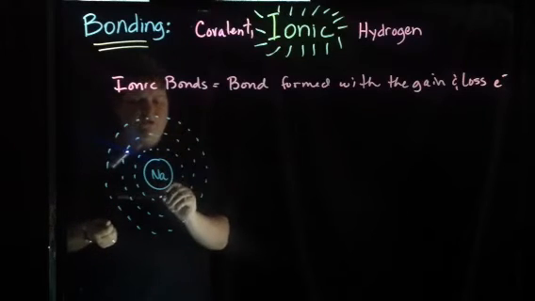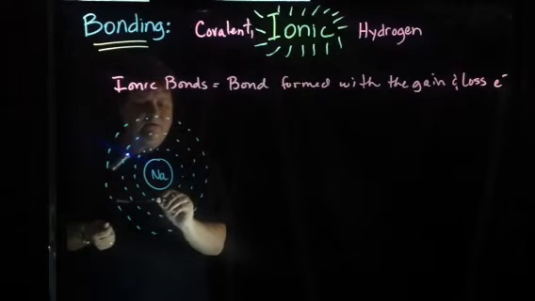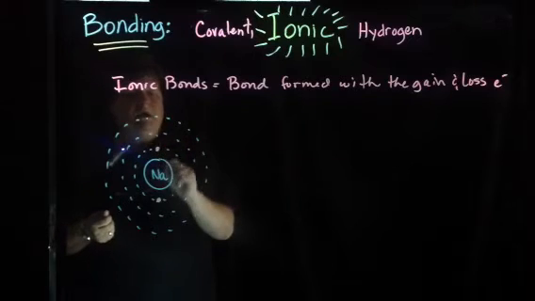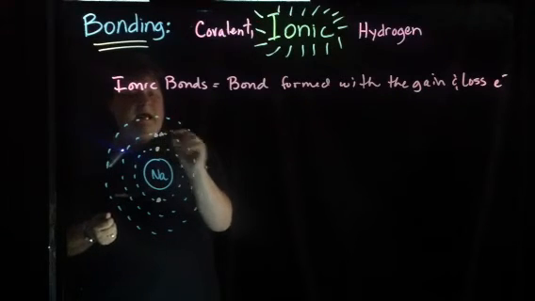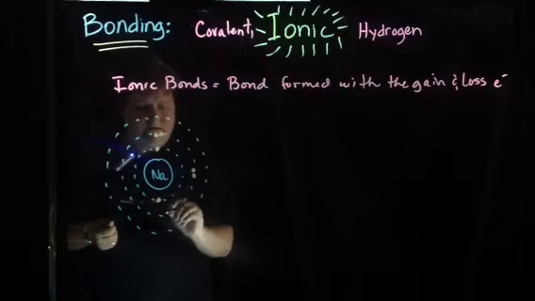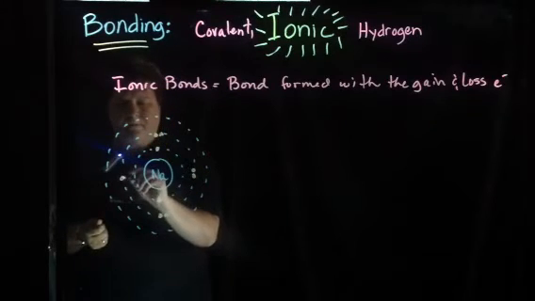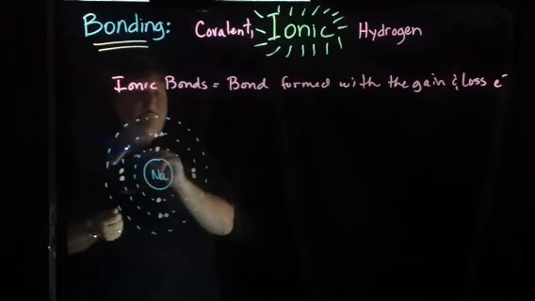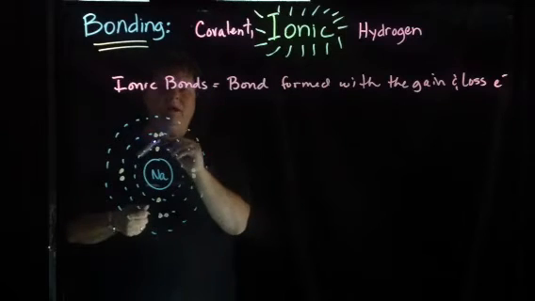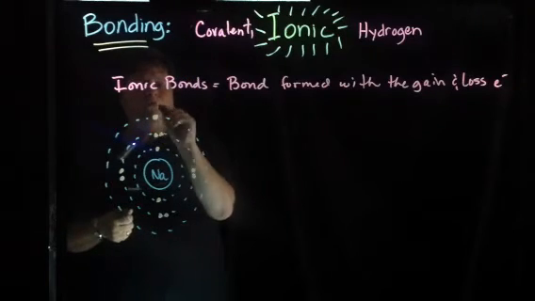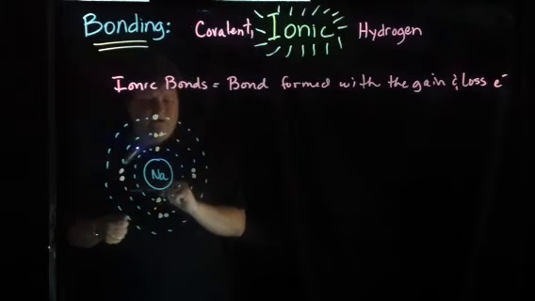So because I've got 3 orbitals, let's fill those in. My first one I have 2. My second one I have 8. My third one, my valence shell, because I am in column 1, I have 1 valence electron.